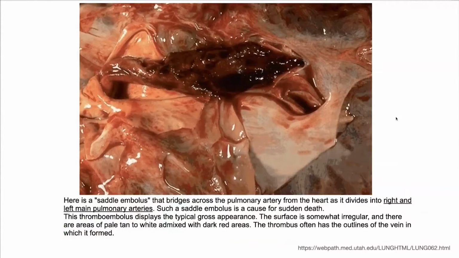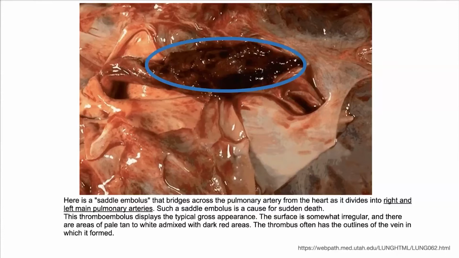This is the picture of what we call saddle embolism. The saddle embolism is the one circled in blue. That's the blood clot, in a fresh lung from postmortem.